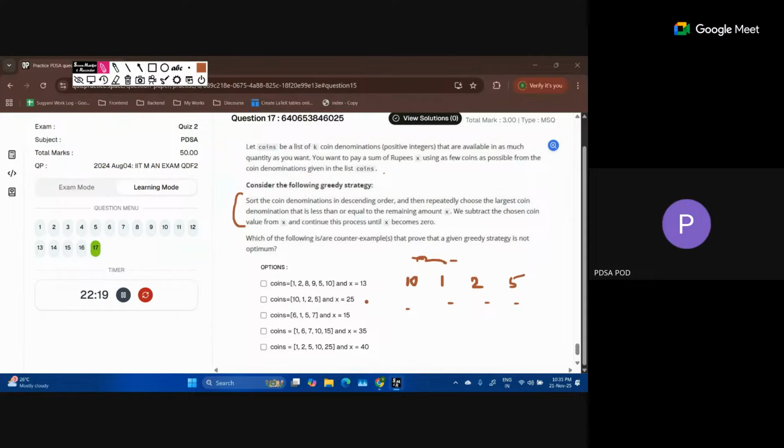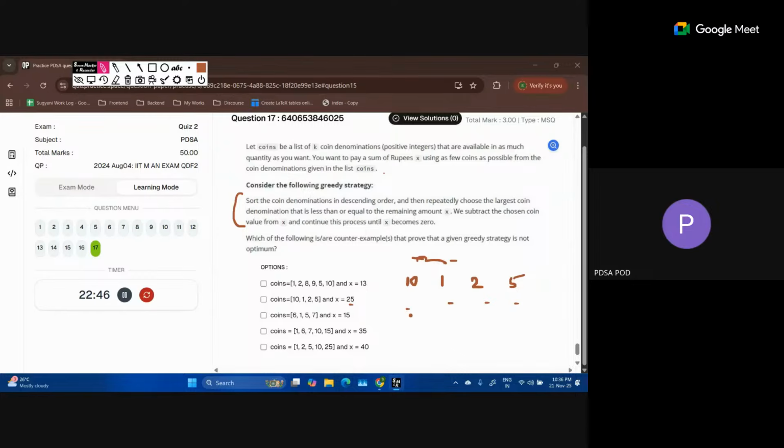Now we have to pay somebody 25 rupees, choosing as few coins as possible, and all of these are available in bunches. You are a bank. How will you pay that 25 rupees? You have to choose a minimum number of coins. Which values will you choose?